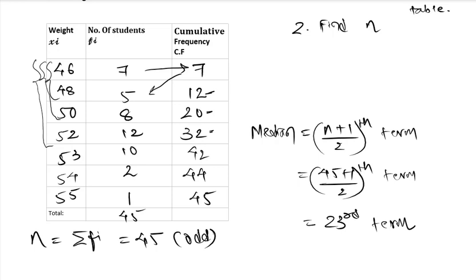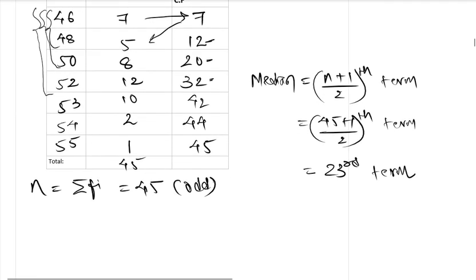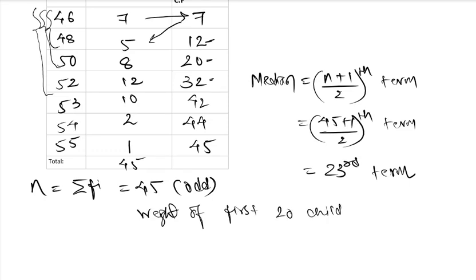Now see what I'm saying over here. When I say the weight of the first 32 children is 46 to 52, I should notice one thing. You don't need to write this, but for understanding I'm writing it. If I ask you, what is the weight of the first 20 children? It is 50.